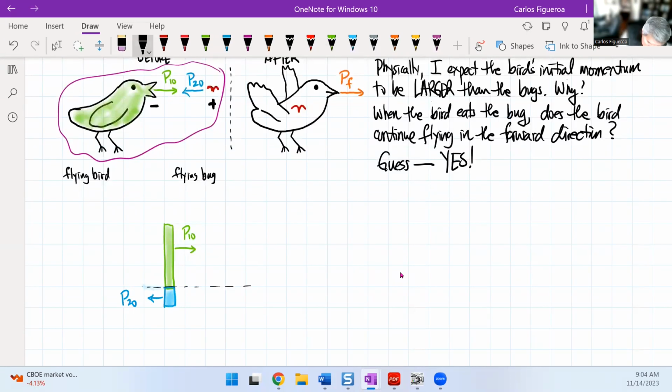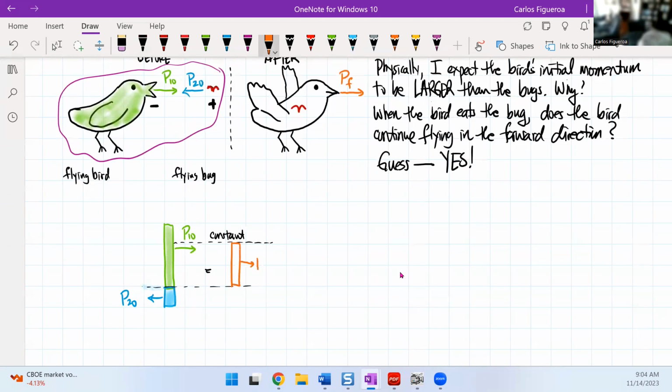So that means here that if I look at the total momentum of the system, this is the conservation of momentum line. Afterwards, the total momentum of this system now has to be this much.